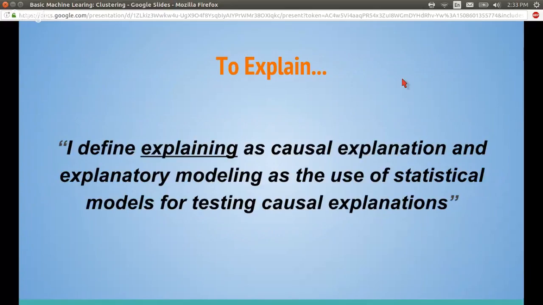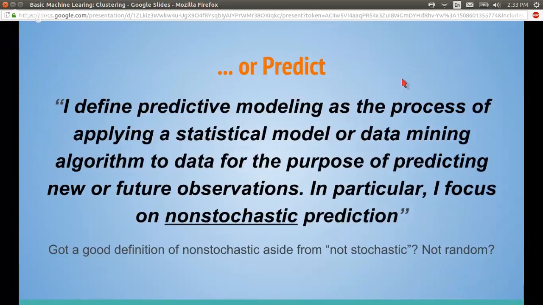If you ever see H0 and H1 or multiple hypotheses, that's all statistical, theoretical testing. He's talking about predictive modeling here as the process of applying a statistical model or data mining algorithm to the data for the purpose of predicting new or future observations.